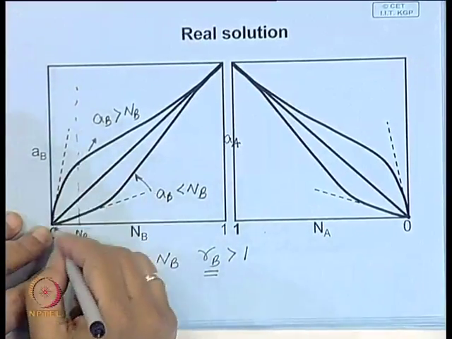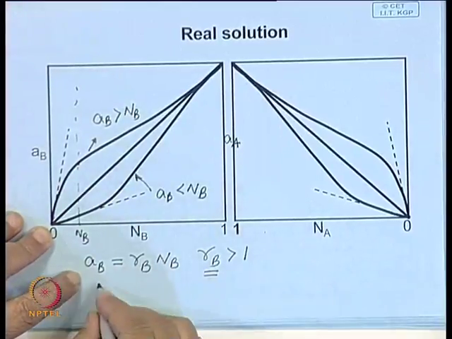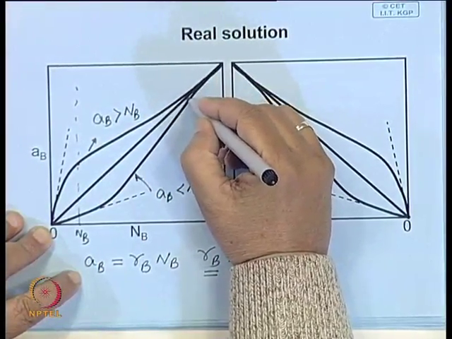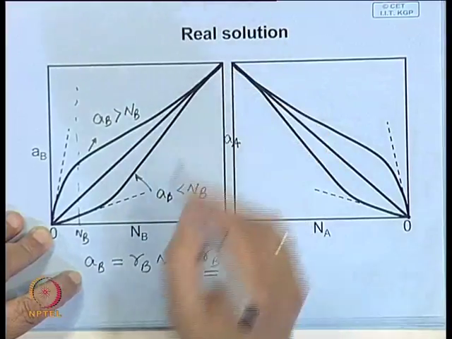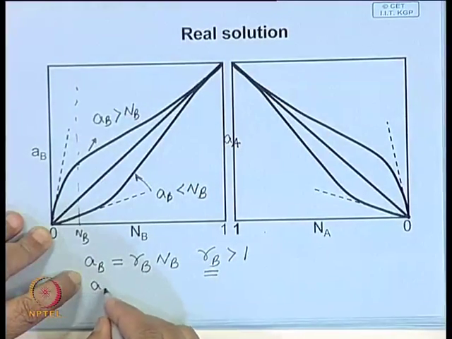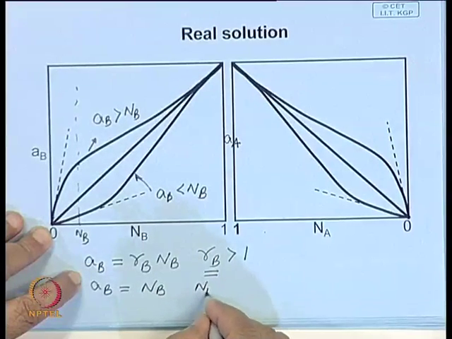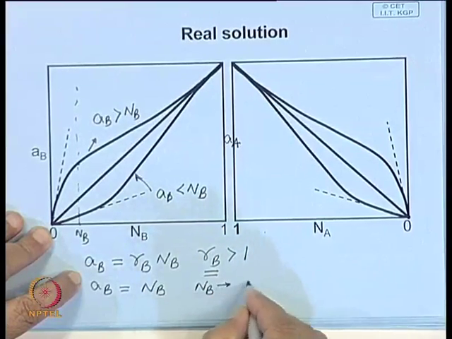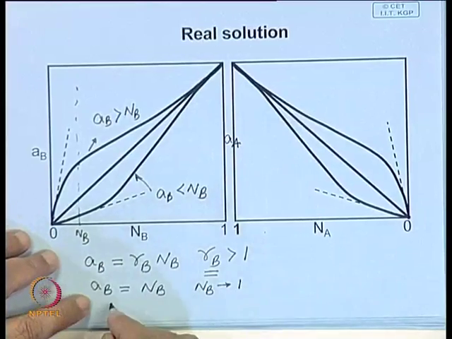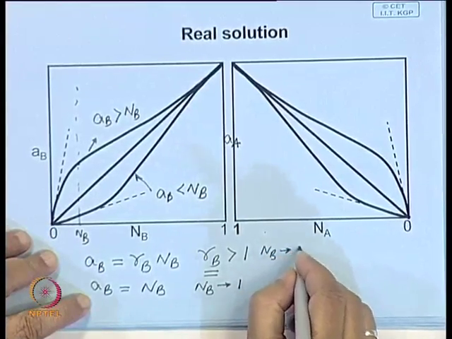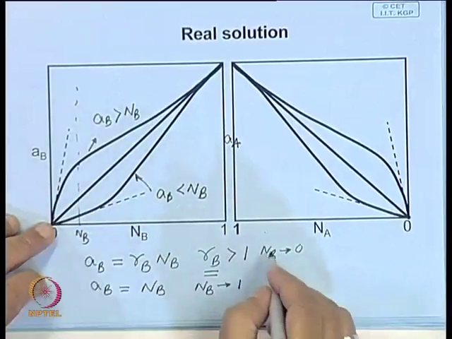So, this part follows like this, whereas in the other end it is nearly approaching ideal behavior. So, this means when N B is approaching 1, this is the behavior, and where N B is approaching 0, then this is the behavior.